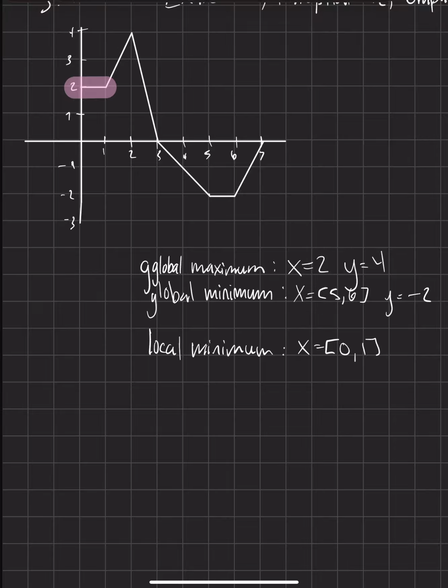Now, here's where it gets interesting. From all points from 0 to 1, but not including 1, this can also be considered a local maximum.